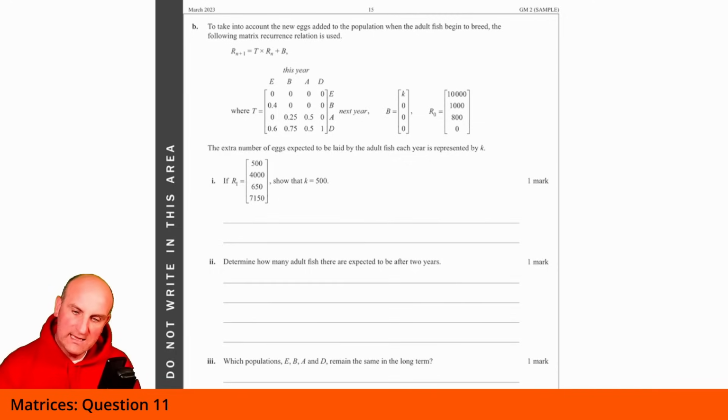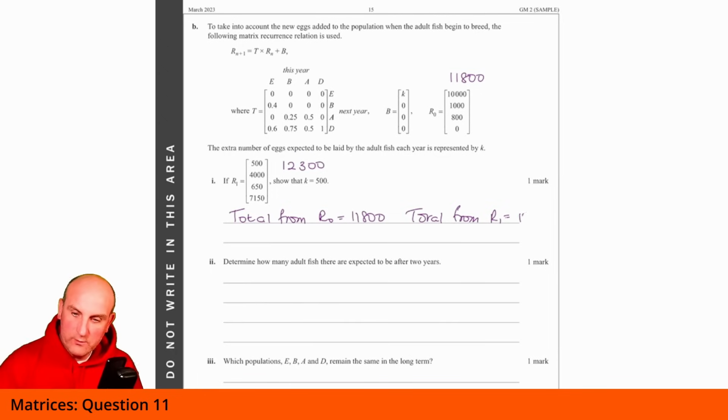When I add all these together, my apologies, that actually came to 11800. When I add all those together, it gave me 12300. So the way I explained that was I said, well, the total from R0 was equal to 11800. The total from R1 was equal to 12300. Therefore, K would be equal to 12300 minus 11800, which equals 500.